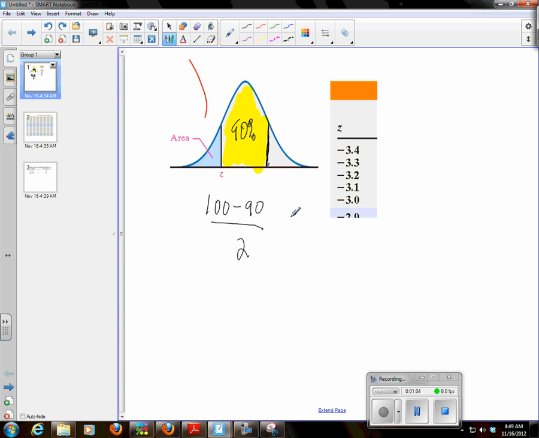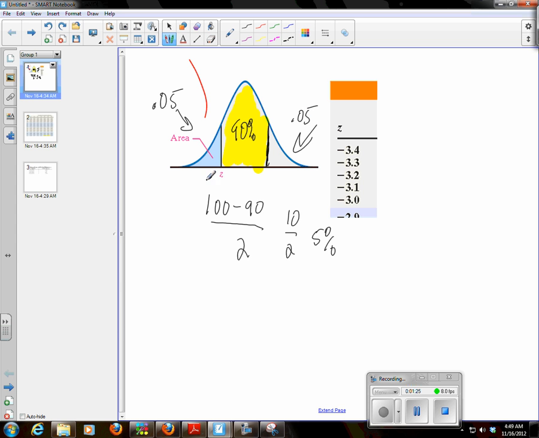So 10 divided by 2 is 5. There's 5% of this distribution in either tail area, and since we're dealing with probabilities rather than percentages, I'm going to rewrite those as 0.05 and 0.05.